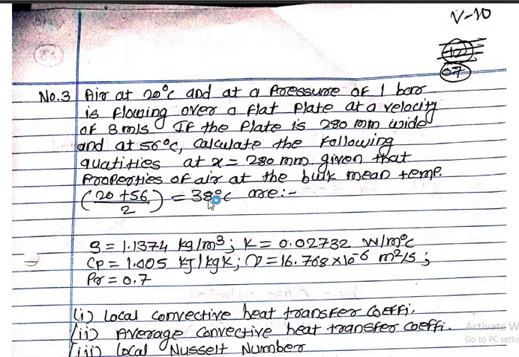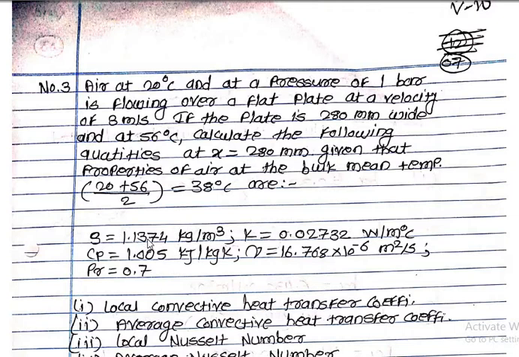56 divided by 2 is equal to 38 degrees Celsius, are rho is equal to 1.137 kg per meter cube, thermal conductivity k is equal to 0.02732 watt per meter degree Celsius, Cp is equal to 1.005 kilojoule per kg Kelvin, and kinematic viscosity nu is equal to 16.768 into 10 raised to minus 6 meter square per second.